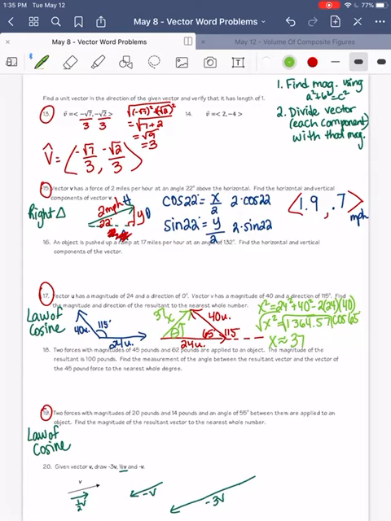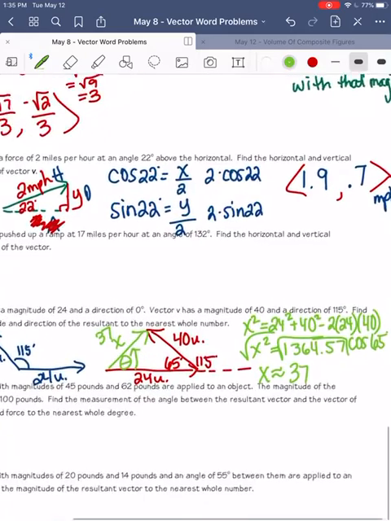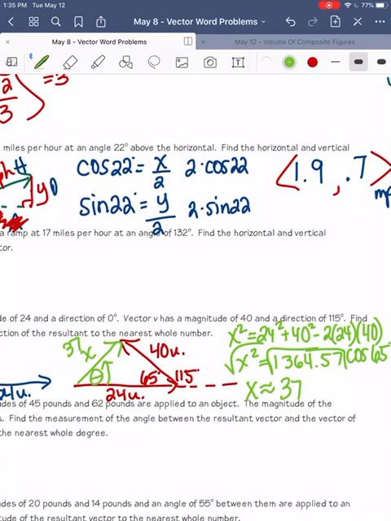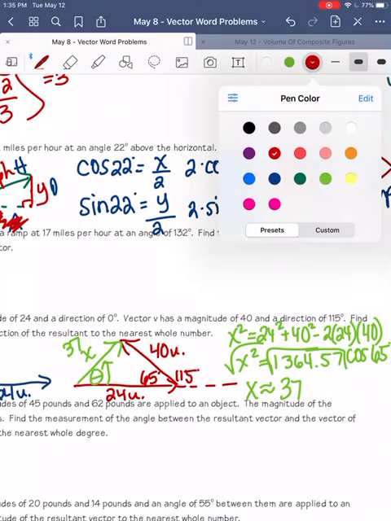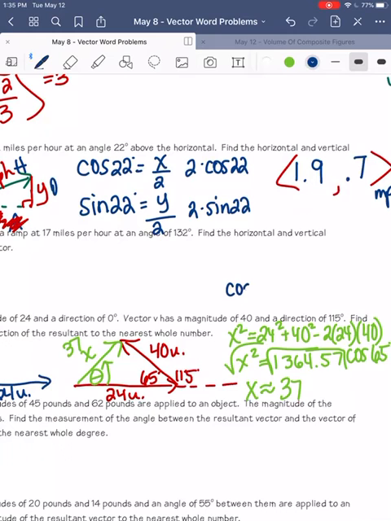Okay? Now, I need to find theta, or the angle. I'm going to go up above it just so I have room, okay? So to find cosine of theta, I'm going to do the numbers on either side of it first, minus the one across from it, all over 2 times each of those. Okay?